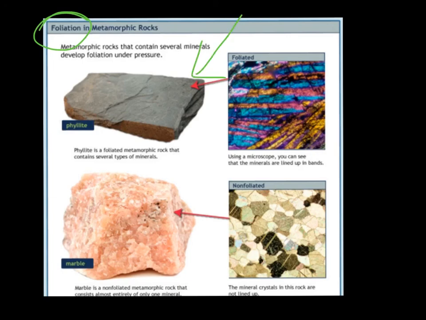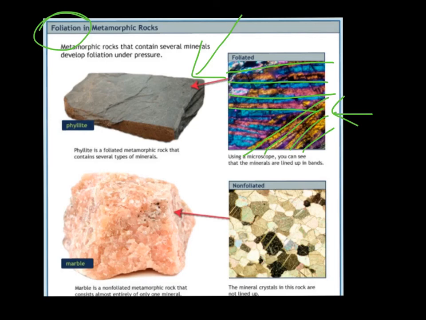Phyllite here is a foliated metamorphic rock. It contains several types of minerals, and if you look here at the microscopic image, you can see that they're all lined up into these bands, and so you can tell that it is a foliated rock. Now down here, marble is not, right?